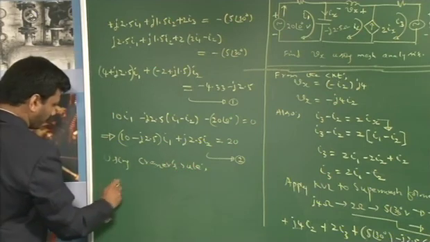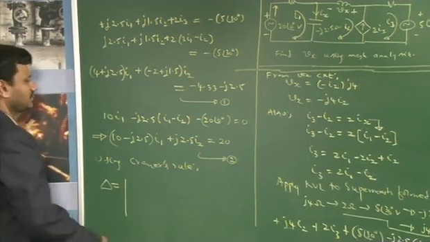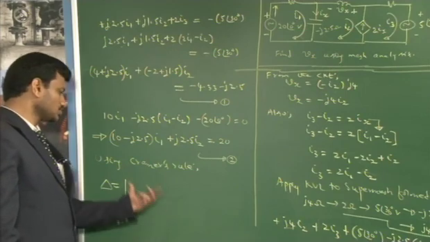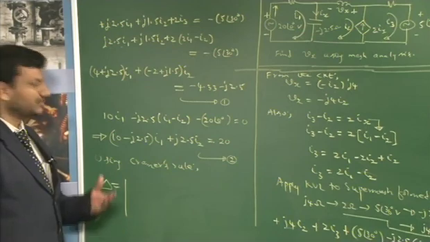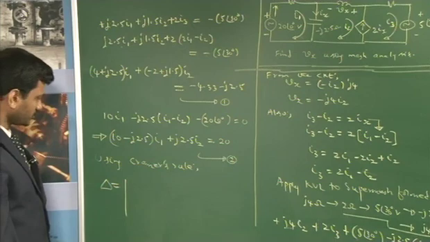What is delta? Delta corresponds to the rows. The first row corresponds to the coefficients of the first equation, the second row corresponds to the coefficients of the second equation.